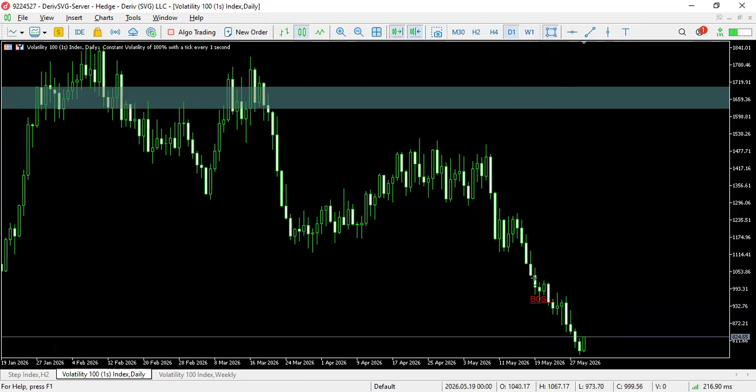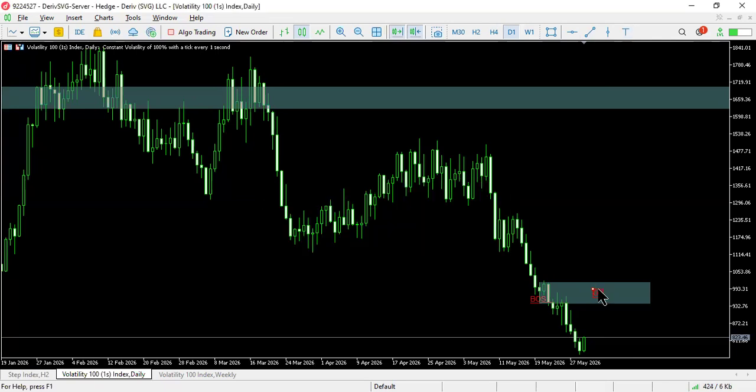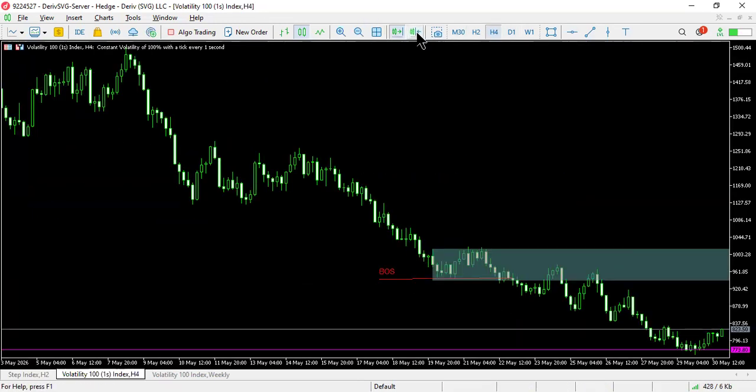And then the order block which caused that break of structure from the daily time frame, it's going to be that order block. And then our swing low at that level. Heading over to the 4 hours time frame.